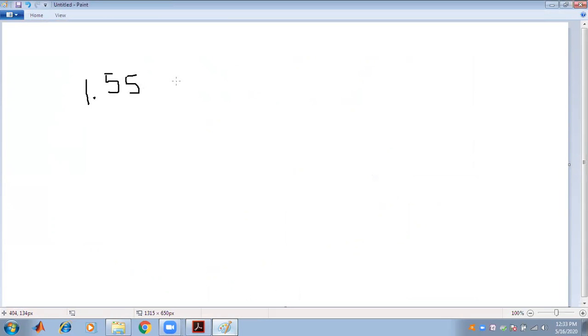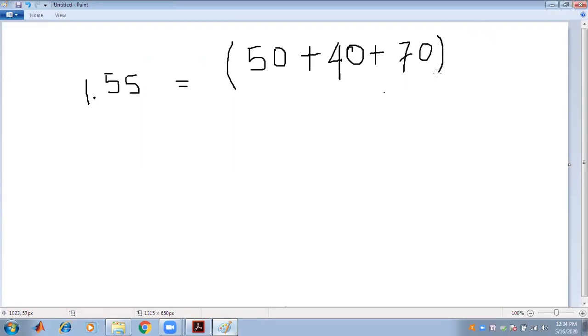Diversity factor is nothing but the sum of all the individual peak loads divided by the maximum demand of the station.